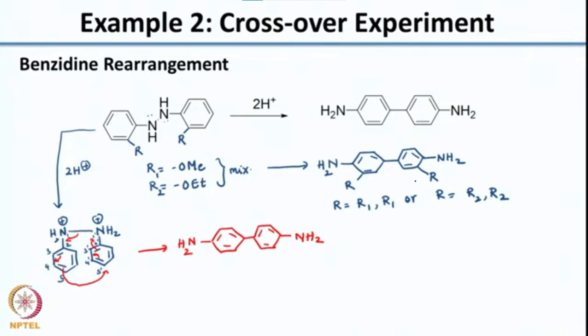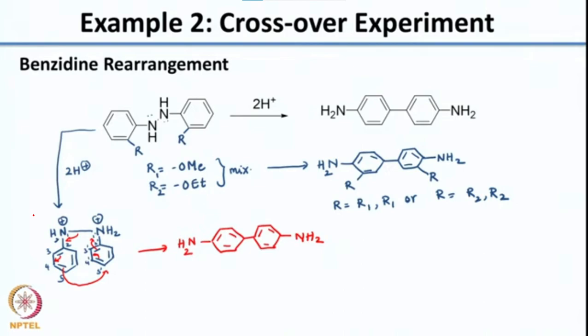But when people performed this reaction, they observed that only two types of products were forming, where both R groups were the same in both cases. That means there was no formation of crossover products. So because there is no formation of crossover product, you can say the reaction is going via the concerted mechanism.